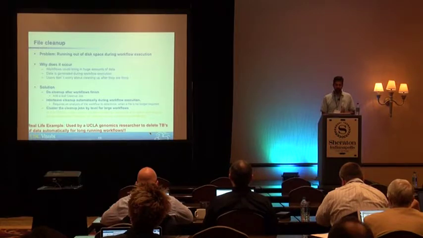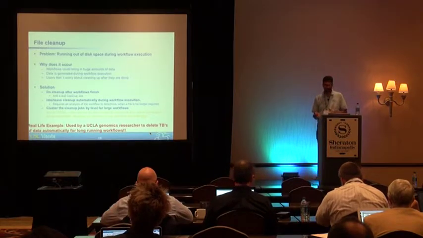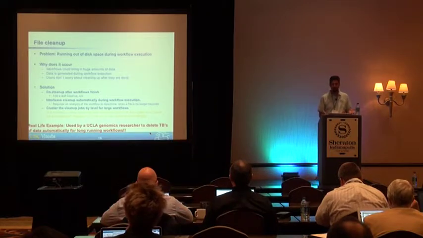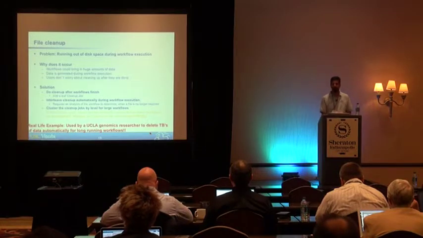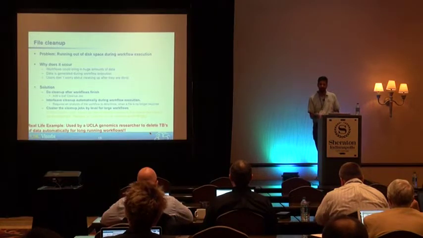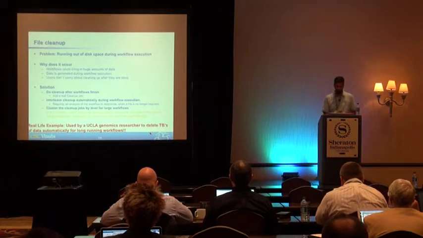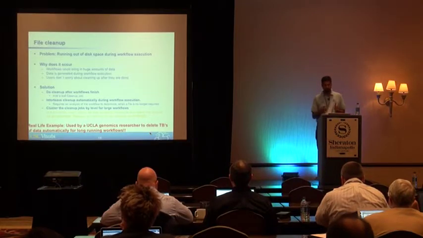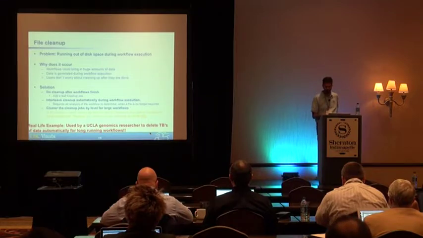This requires an analysis of the underlying DAG structure to determine when a file is no longer required. So that's one of the algorithms which we already have incorporated into Pegasus and is available to the users all the time. And then, we have to cluster the cleanup jobs for large workflows for performance reasons.